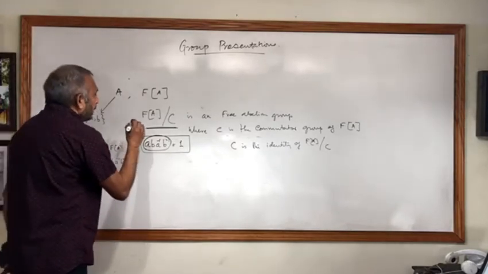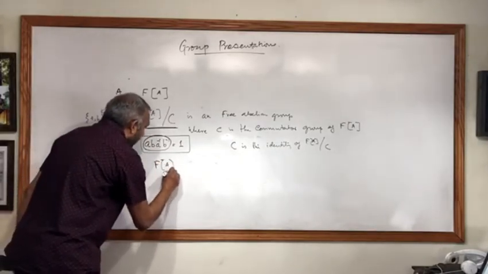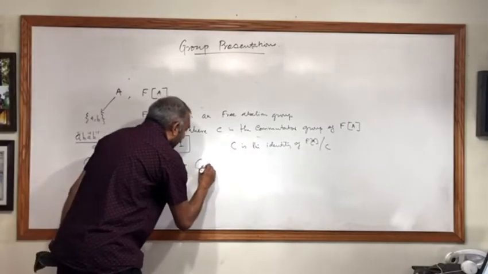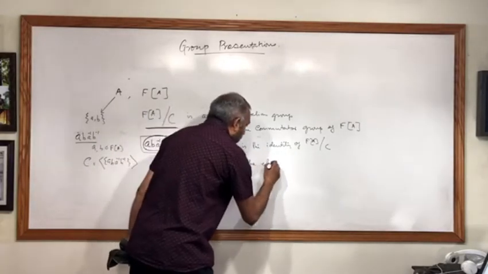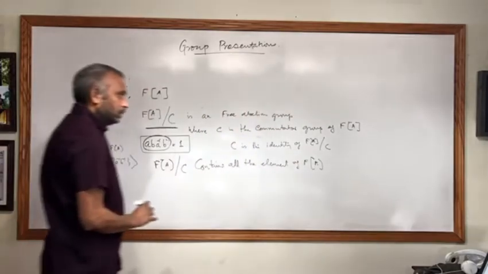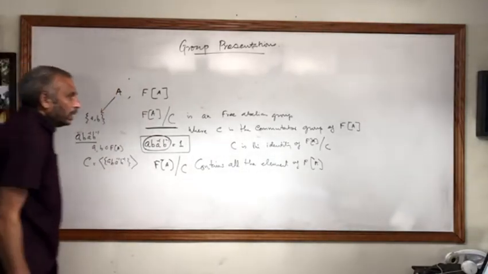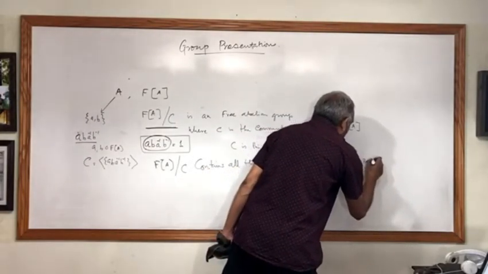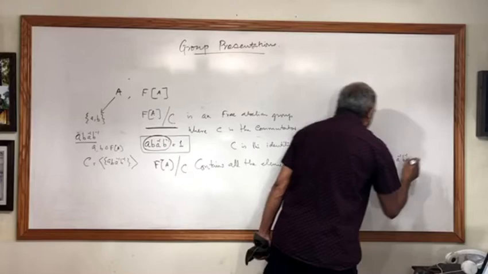So, in other words, F of A over C contains all the elements of F of A with the condition A B A inverse B inverse equal to 1.